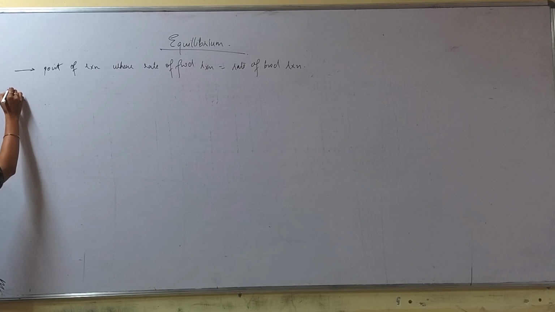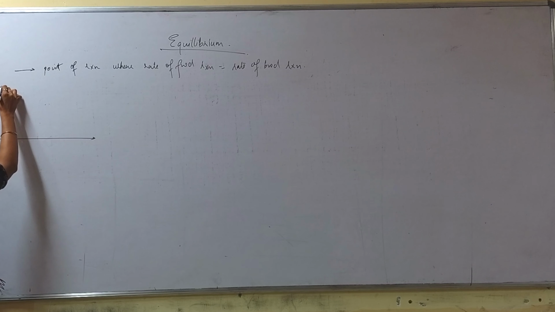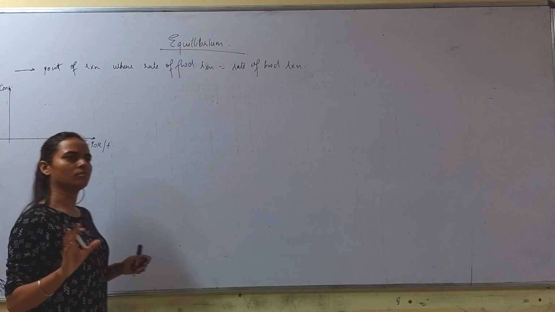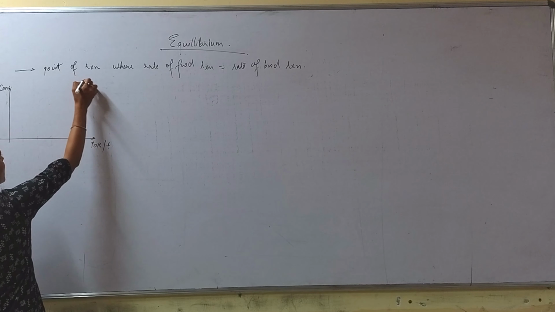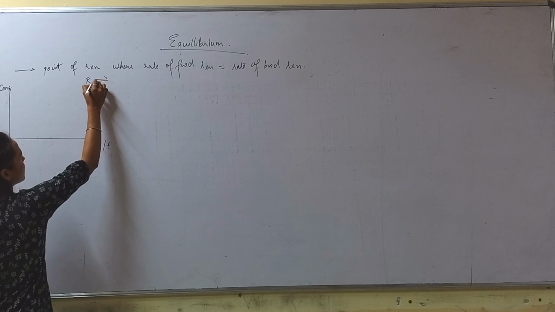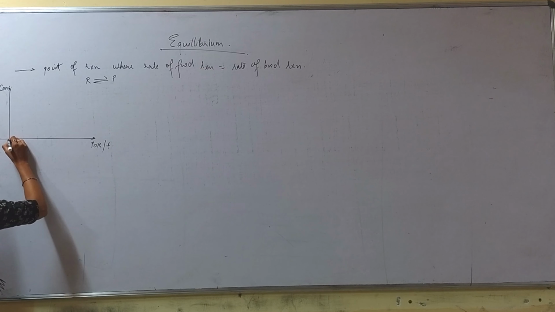Suppose I am drawing this graph of concentration against the progress of reaction, or time of the reaction. If we take this reaction from reactant to product, the product concentration is increasing and the reactant concentration is decreasing, like this.